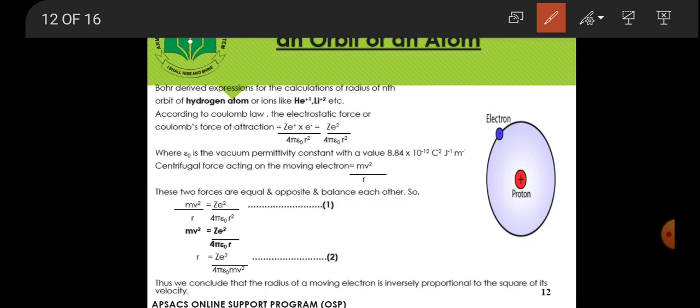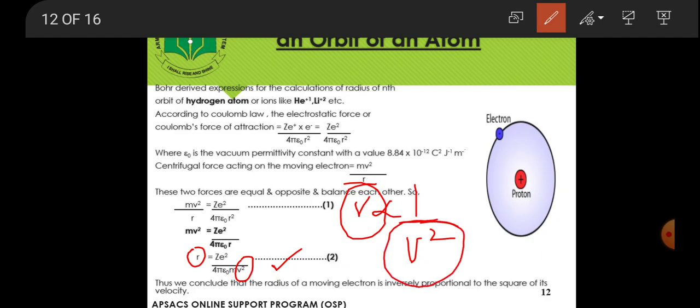So in this equation, that is equation number 2, we can see that r is inversely proportional to the square of velocity. It means as the value of r increases, as the value of radius increases, the velocity of the electron decreases.